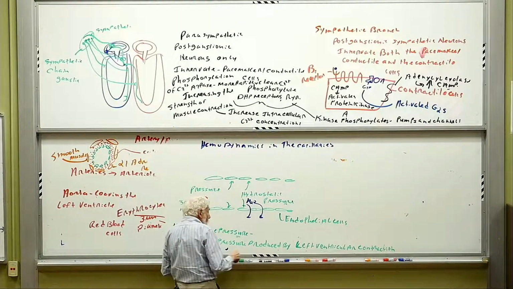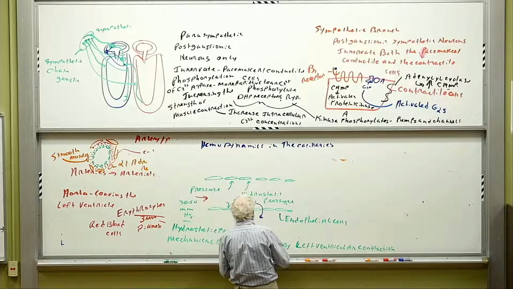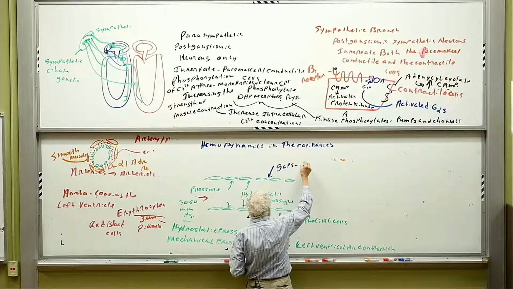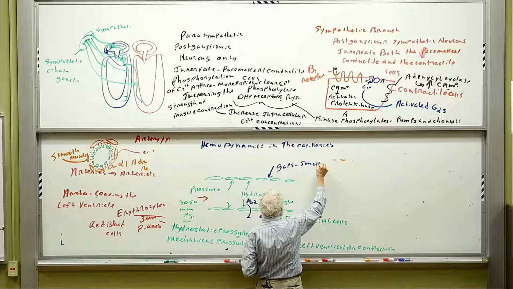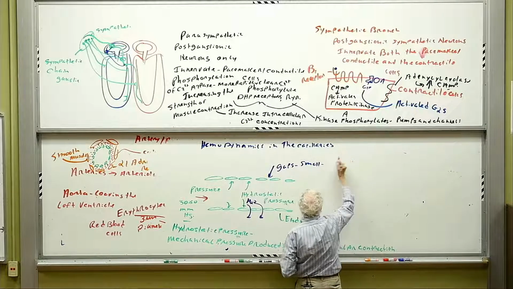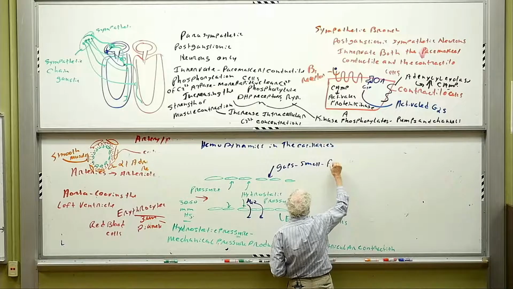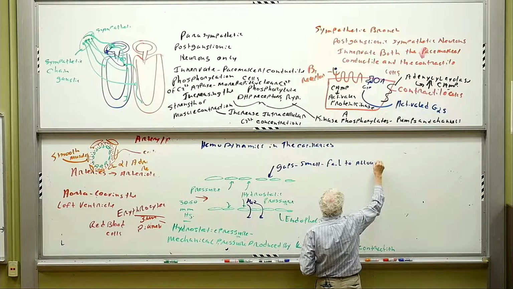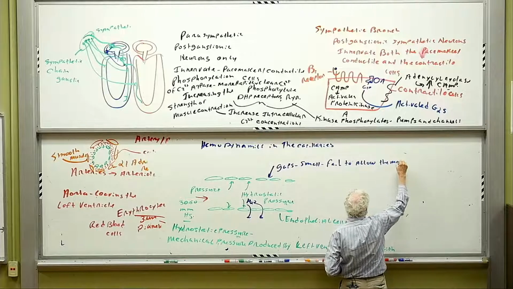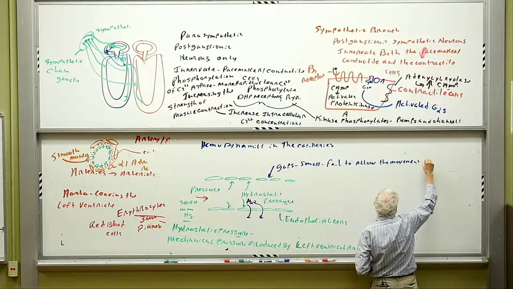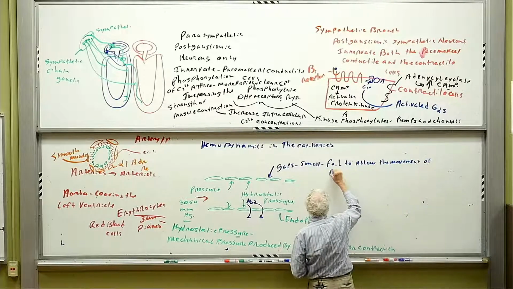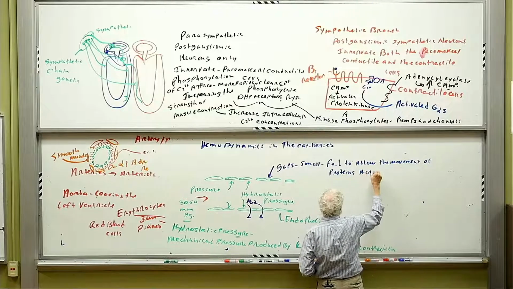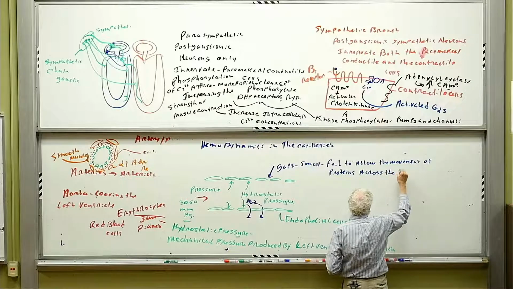But one of the characteristics of these gaps is they're small, and they fail to allow the movement of proteins across the endothelium.